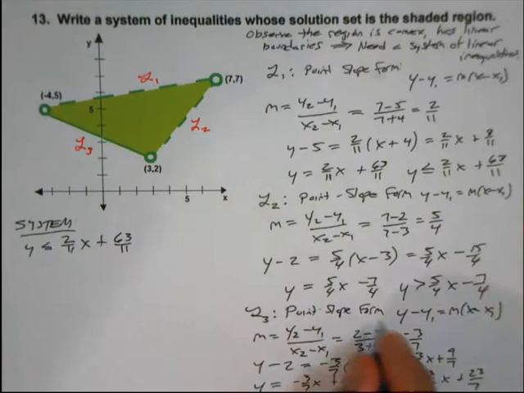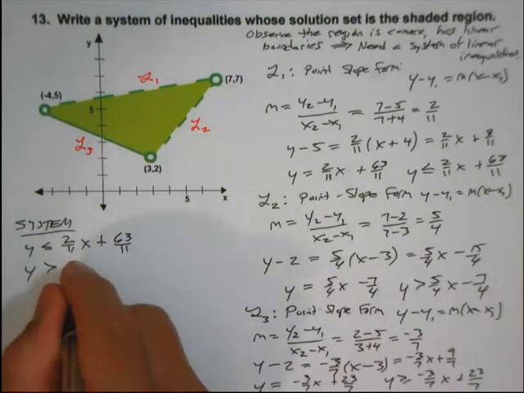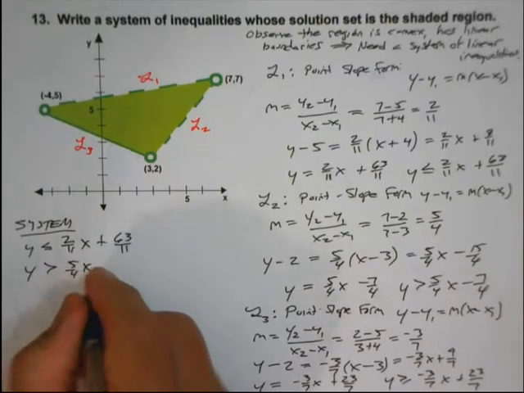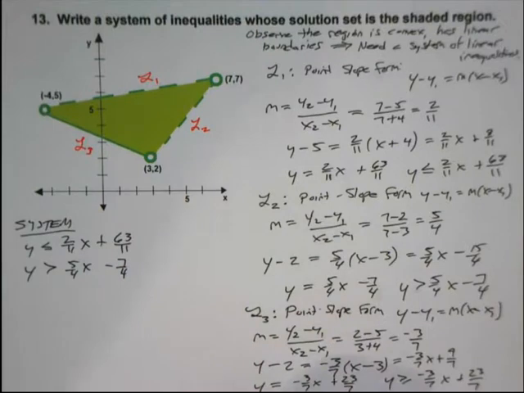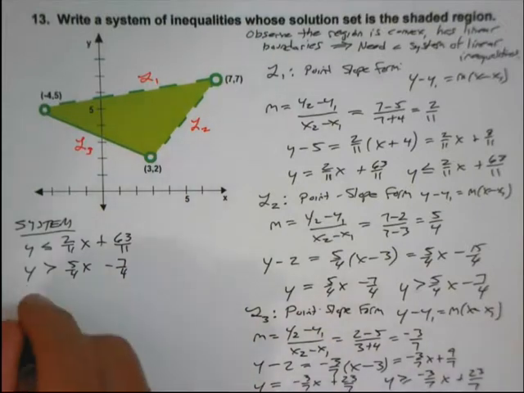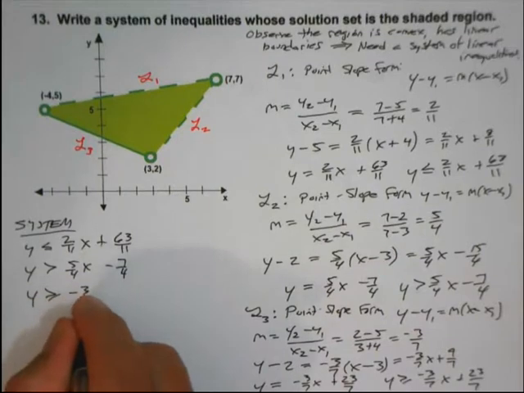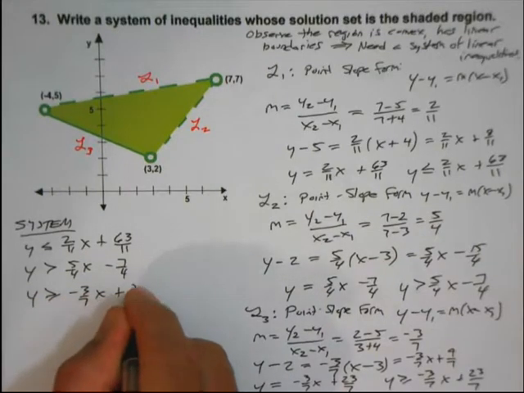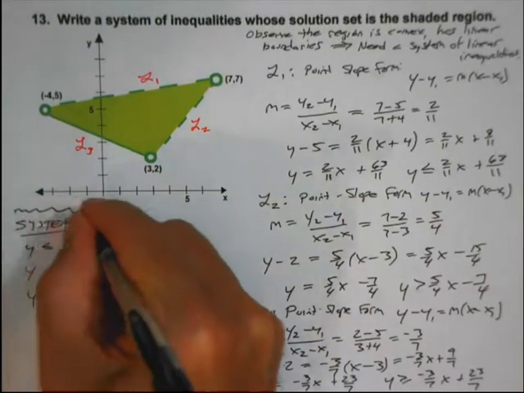Okay, L2, y greater than 5/4 x minus 7/4. And the L3, y greater than or equal to negative 3/7 x plus 23/7. Okay.